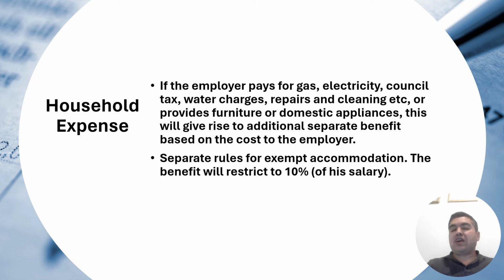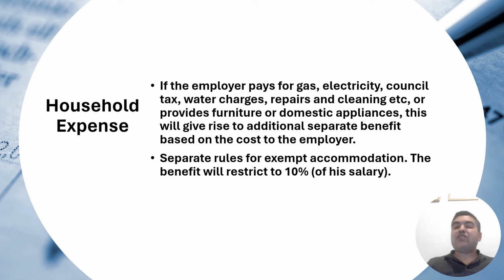In this slide, I will explain to you household expenses. If the employer pays for gas, electricity, council tax, water charges, repair and cleaning, etc., or provides furniture or domestic appliances, this will give rise to an additional separate benefit based on the cost to the employer. Separate rules apply for exempt accommodation. Remember, we're talking about accommodation provided to a caretaker.